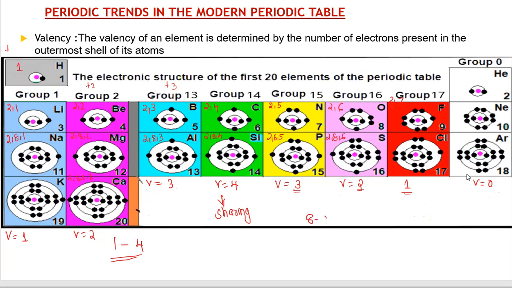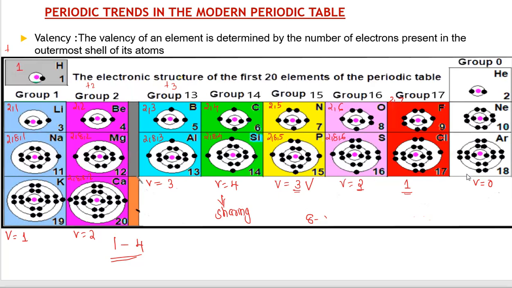Let us check. Here see, 5 electrons are there in the outermost shell of nitrogen. So how to find out valency? I said if greater than 4, then from 8 you have to subtract the valence electrons. So 8 minus 5 is 3. Valency is 3. Now, next, oxygen, sulfur, number of electrons in the outermost shell or valence electrons is 6.